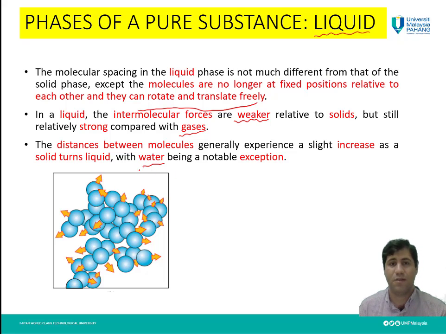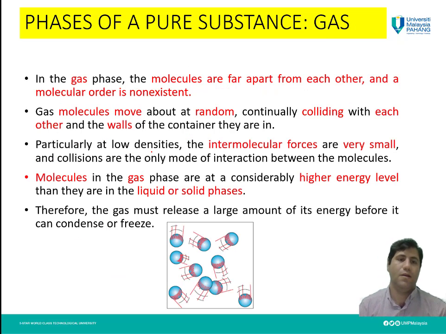You can refer to a chemical or physics textbook to know more about why water is the exception, why its volume is decreased when it changes phase from solid to liquid, and vice versa as well.